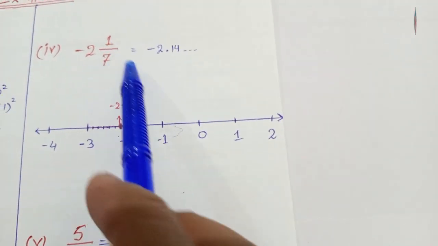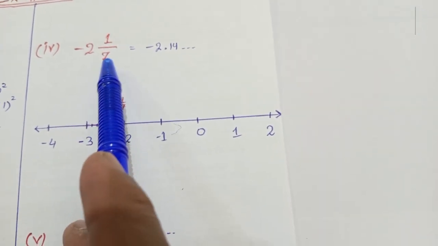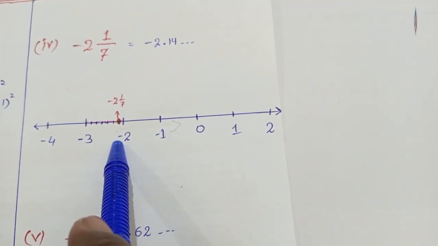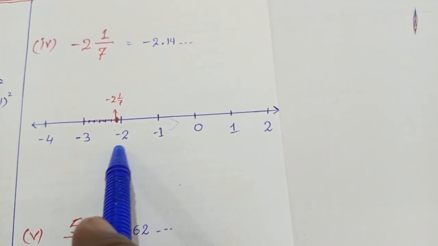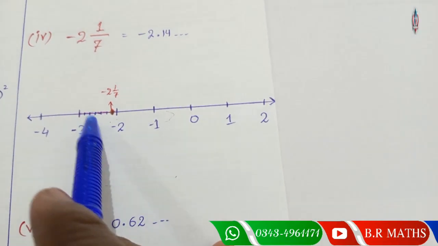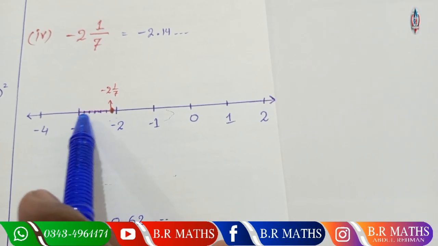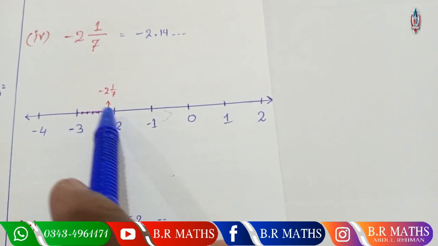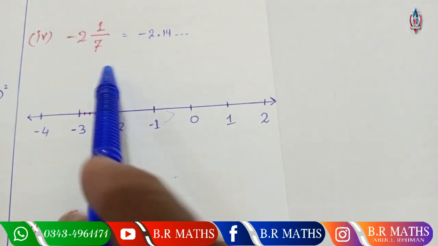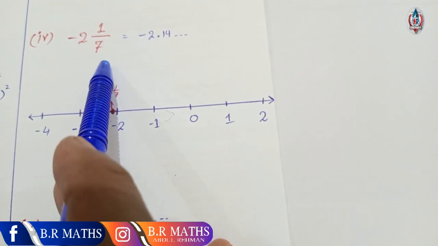And next, 1 by 7. How to display 1 by 7? In the denominator there is a 7. So the distance between minus 2 and minus 3 is divided into 7 equal parts. You can see there are 7 boxes between -2 and -3, and then 1 is the obtained number out of 7.